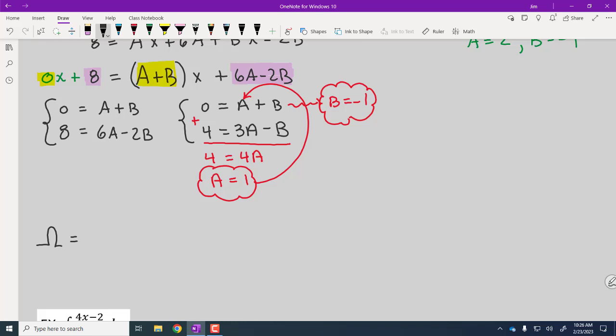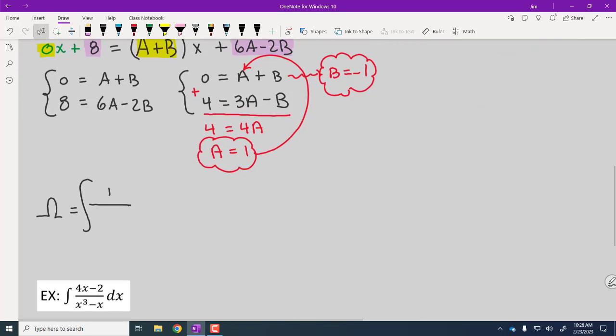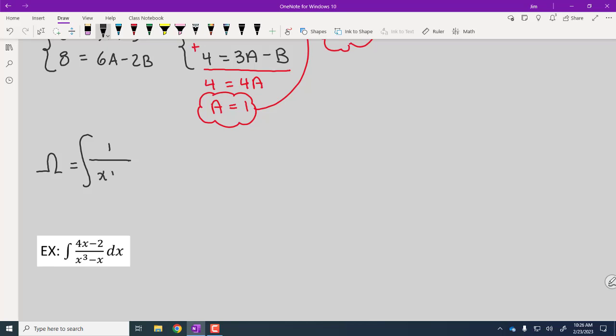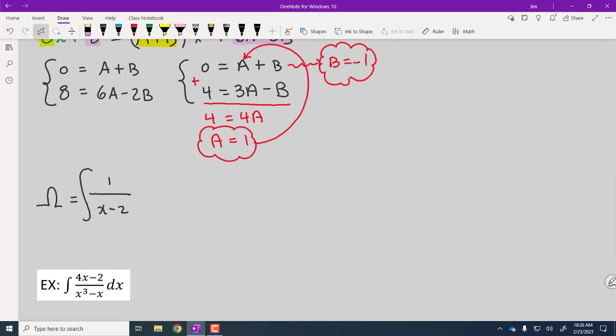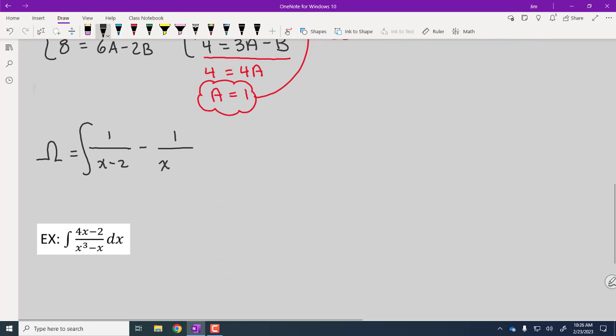The original integral is now equal to 1 divided by x minus 2, and b is negative 1, so negative 1 divided by x, was it x plus 6? Yeah, x plus 6. So now we have our original integral omega. We've rewritten it like that.